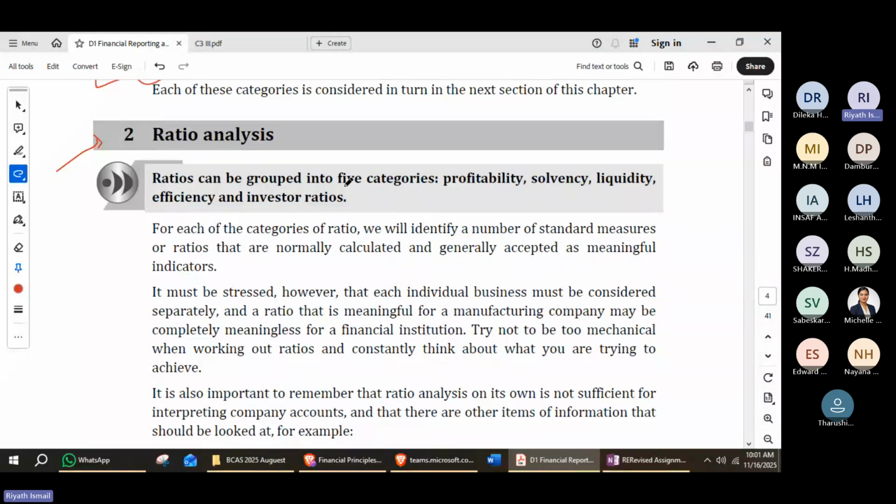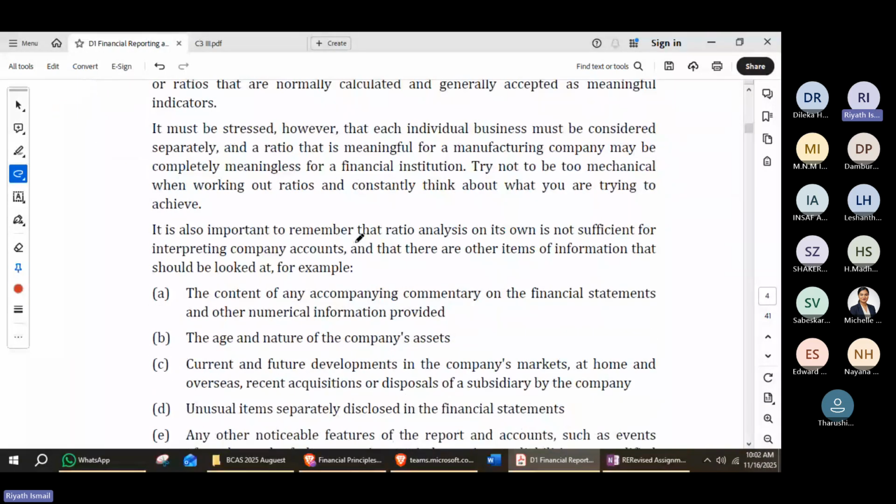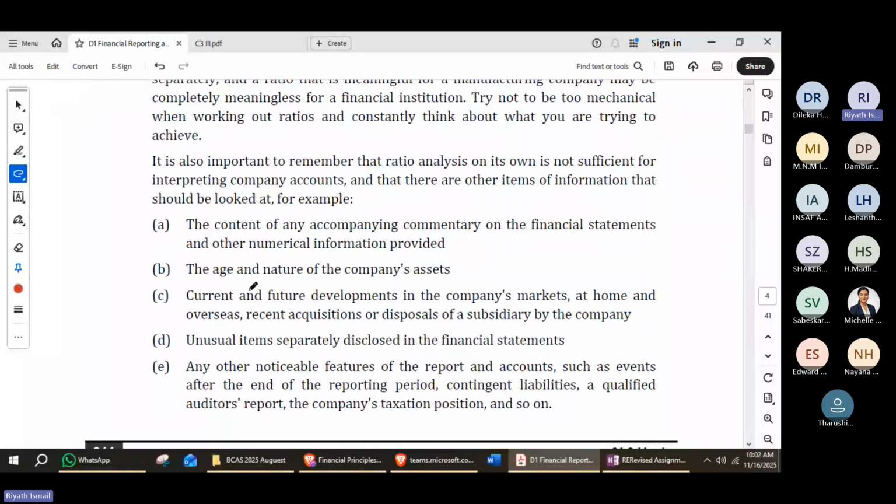Ratios can be grouped into five categories, as I told you earlier: profitability, solvency, liquidity, efficiency, and investor ratios. For each category of ratios, there are different standards, so that you can read and understand.